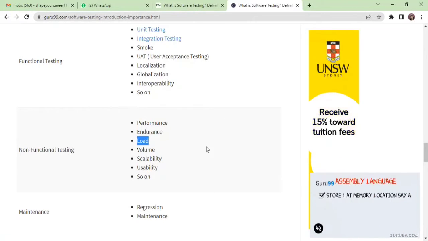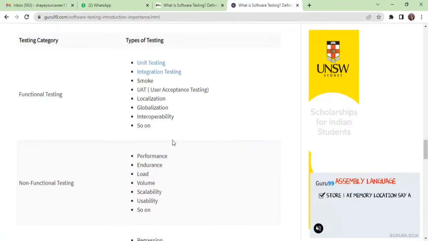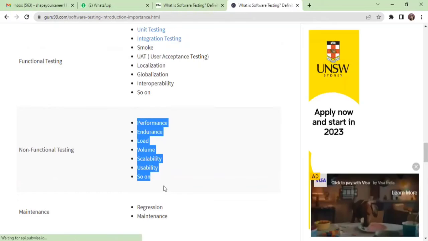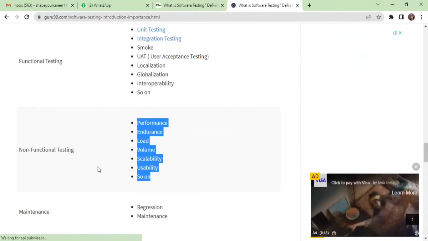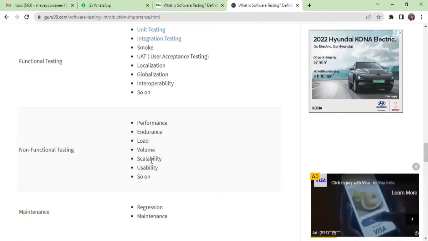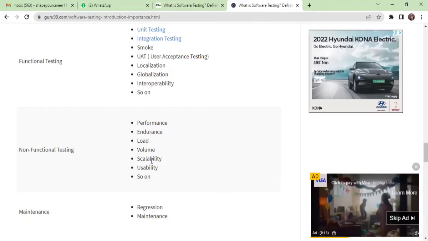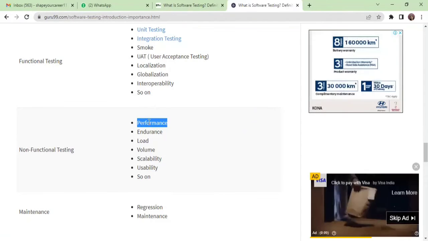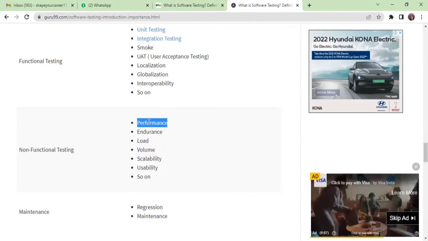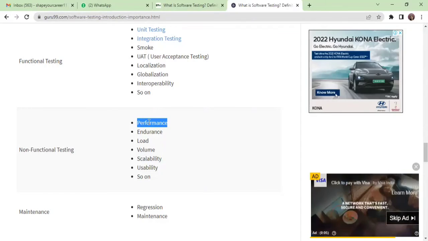This is mostly manual. Even automation is there, but this is particularly for automation only, because non-functional testing is done on a lot of data. See, performance will not be judged based on only two or three people using it, right?